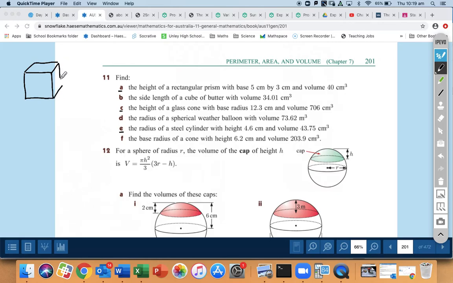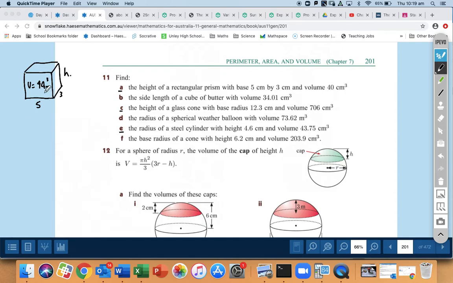So here's my rectangular prism. They said the base is a 5 by 3. We don't know what the height is, but we know that the volume is 40 centimeters cubed.